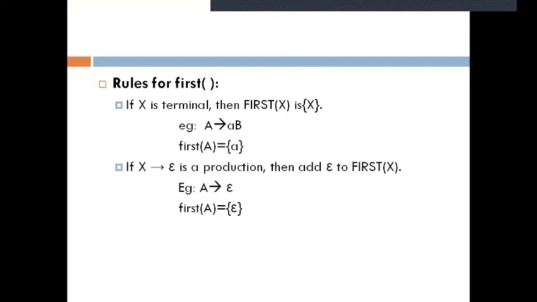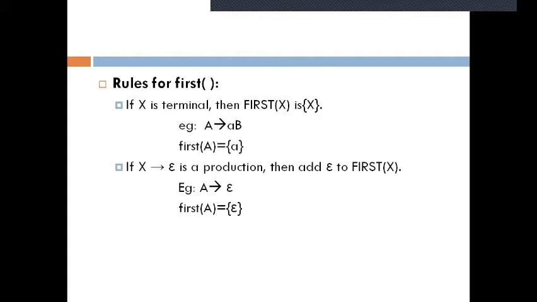For example, if you are having a production like this, A derives small a B, where capital A and capital B are non-terminals, small a is a terminal. If the first character is a terminal, then the first value of A is a, the terminal itself.